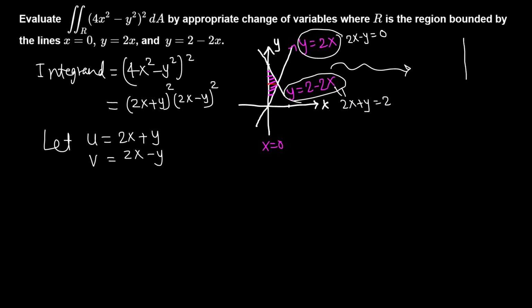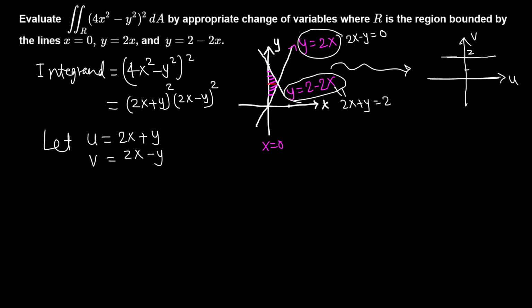We know 2x plus y is u, so 2x plus y equals 2 is in fact u equals 2, in the uv plane. So this is u equals 2, and this is v equals 0. Okay, v equals 0 is the u axis, like y equals 0.